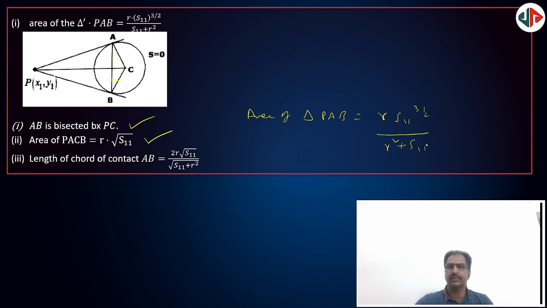This is a very important formula. And the formula for the length of the chord of contact AB is 2R into root S11 by under root R square plus S1. That is the length of chord AB. All these points are very important.